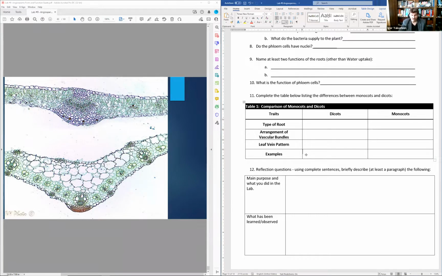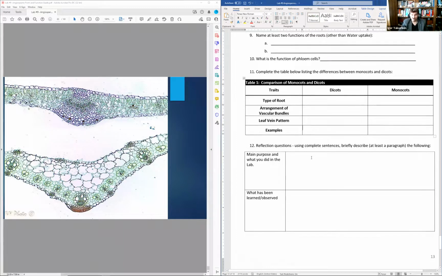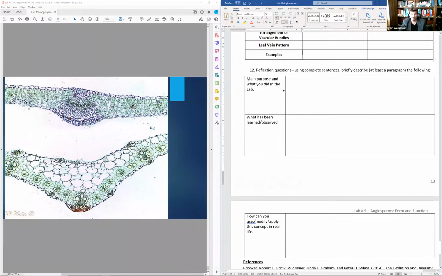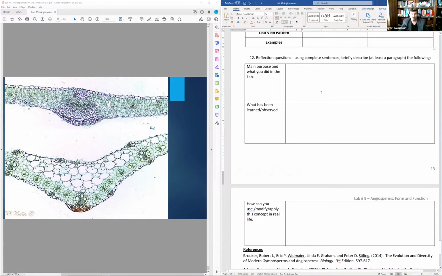All right, now number 12, your favorite. I looked through some of the labs, I think 6 and 7. Looks actually fairly nice. You're starting to get what I'm asking you to do on the reflection questions.